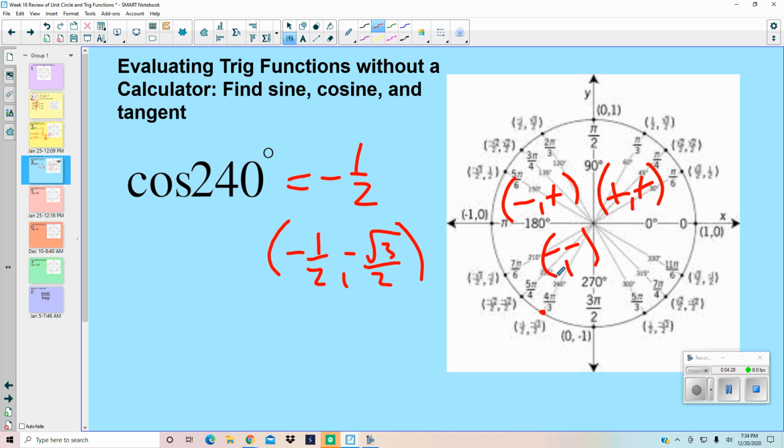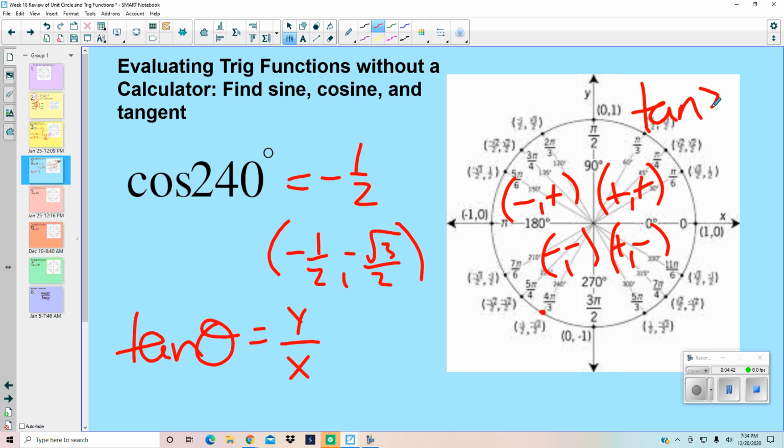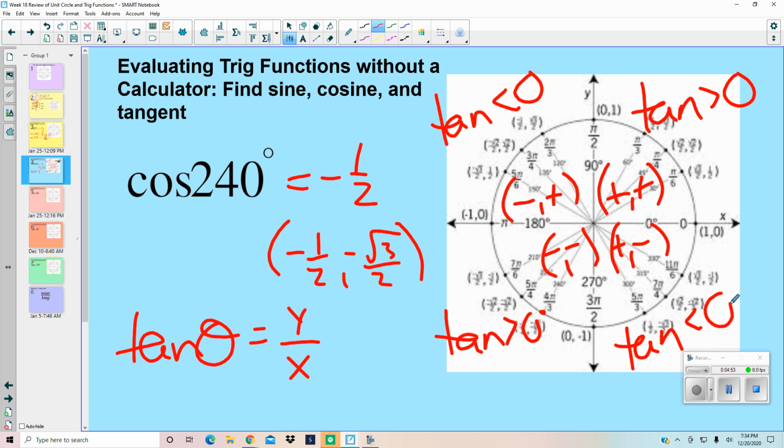In the fourth quadrant, cosine is positive and sine is negative. So when I think about tangent, because tangent is y over x, then tangent is going to be positive in quadrant 1 and quadrant 3. And it'll be negative in quadrant 2 and quadrant 4.